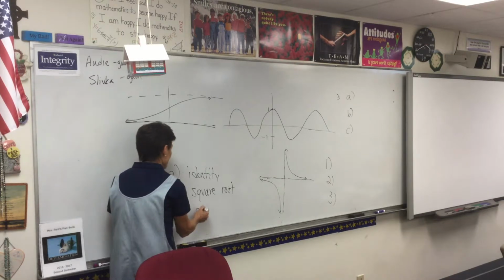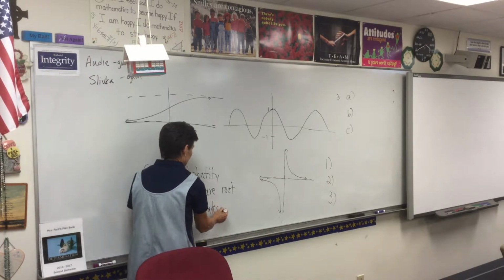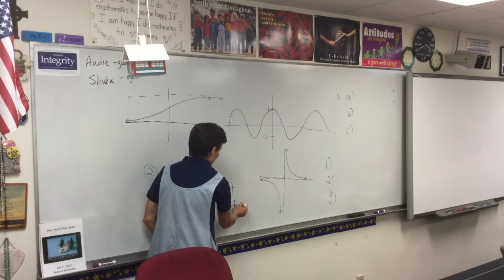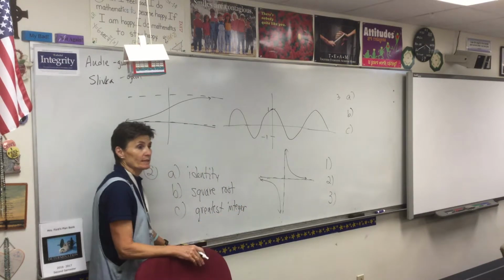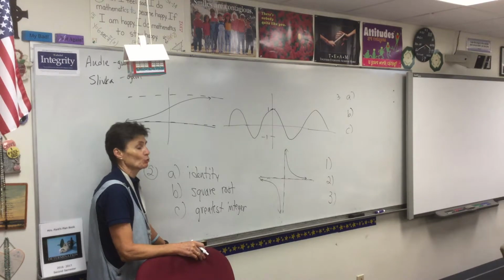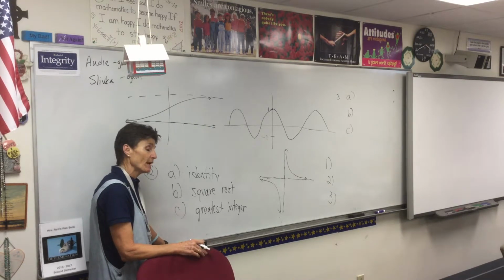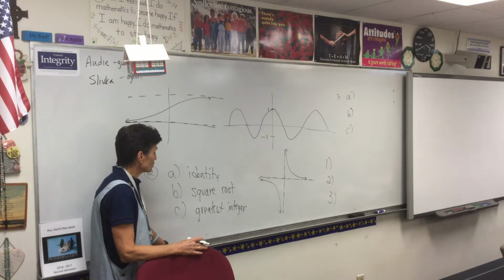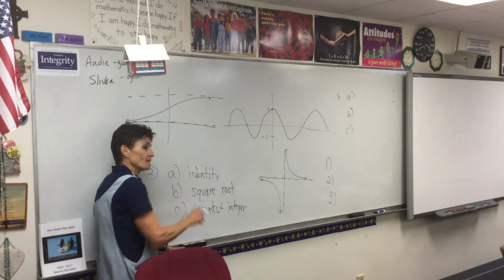Greatest integer. I thought it was linear. Well, actually, some people do refer to that as linear, and I wouldn't mark it wrong if you did. That's a line, a linear equation. I wouldn't mark it wrong if it said linear for identity, because it is a line.